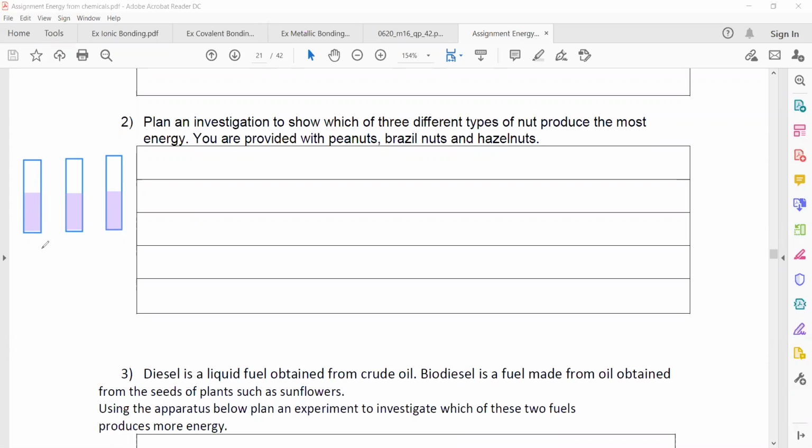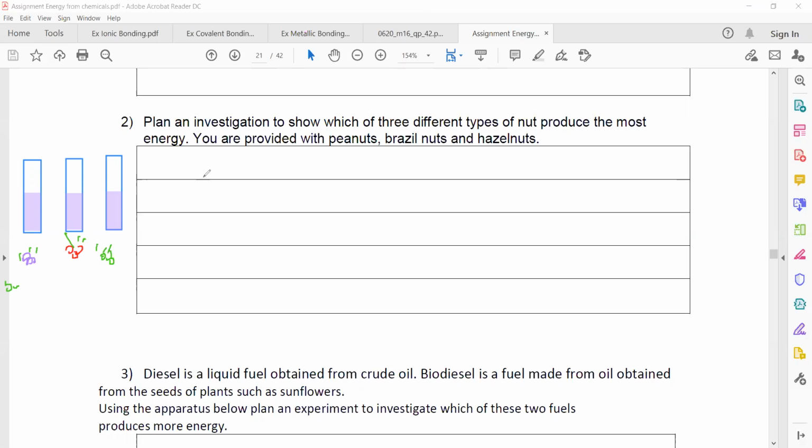Then take equal amounts, or equal masses, of nuts, for example, peanuts, Brazil nuts, and hazelnuts. Then we will burn each of these nuts. When we burn, they release energy.